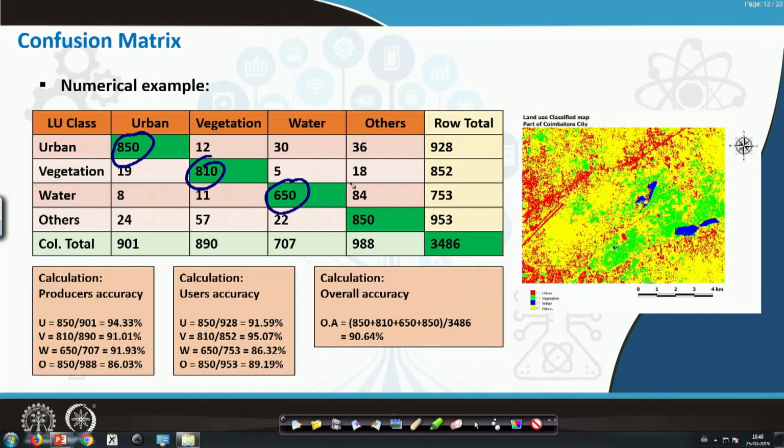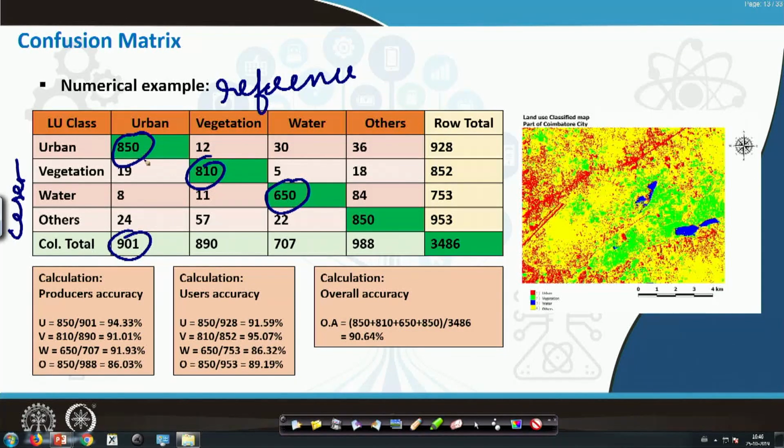So which means to say that now this is where you take your reference map. Reference map is always on the columns, whereas user's map is always on the rows. So now when you want to look at the producer accuracy of urban, you look at 850 pixels that are perfectly classified and the total number of pixels is 901.